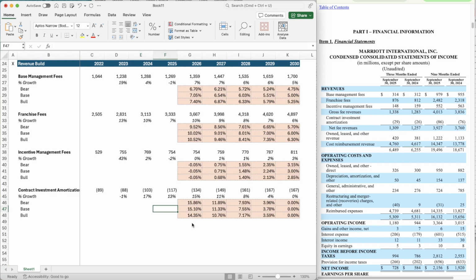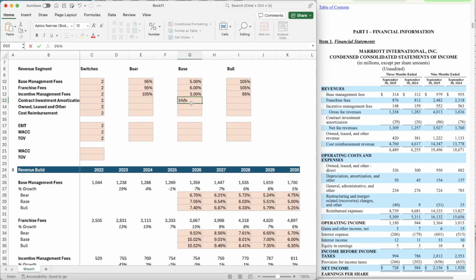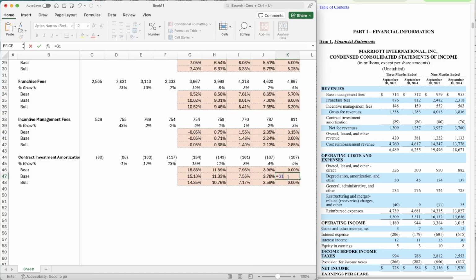Okay, that looks good. We'll probably just put it at 5% as it's negative. Actually, let's just see what it's looking like and I'll decide which way it goes.